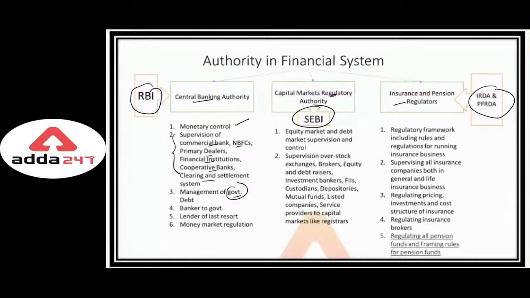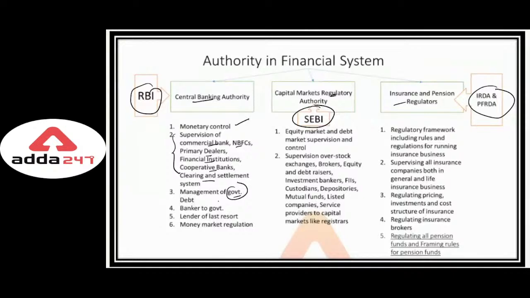Now banker to government. Okay, next is banker to government. When we are talking about the banker to government, it is obvious that RBI is an agent for the government of India, or it performs every activity for the government. Whenever government requires to sell or issue government securities, the selling and purchasing of government securities is done by the RBI on behalf of government of India.